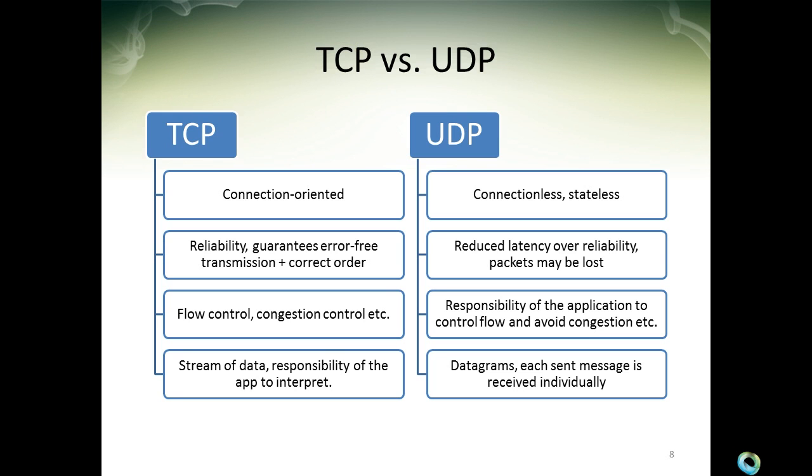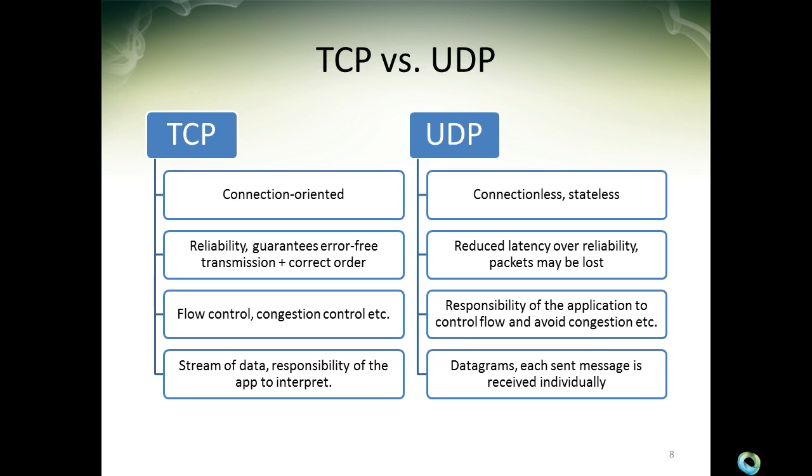UDP, on the other hand, is optimized for performance, like I said, for scenarios like real-time communication, and it does everything to reduce the latency as much as possible, which means it doesn't care if packets are lost on the way. TCP, for example, requests missing packets from the sender if it detects that a packet was lost on the way.